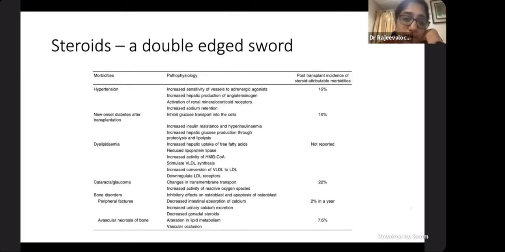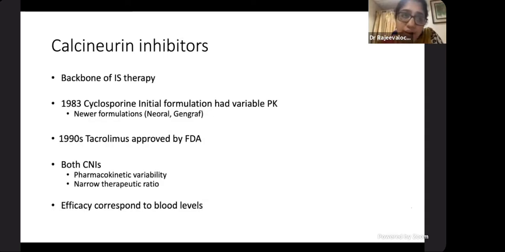Cataracts, glaucoma over time, bone disorders, peripheral fractures, and avascular necrosis of bone are extremely common in patients on steroids. And of course, infections, which I haven't mentioned because all immunosuppressive agents, and with the increased dose of steroids, especially after this pandemic, I think we realize more and more how many infections we are currently facing.